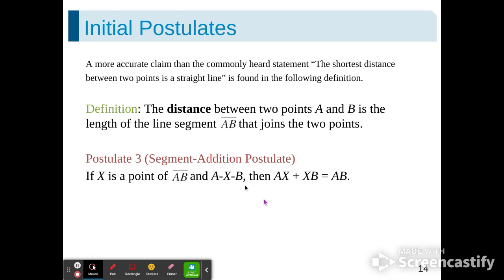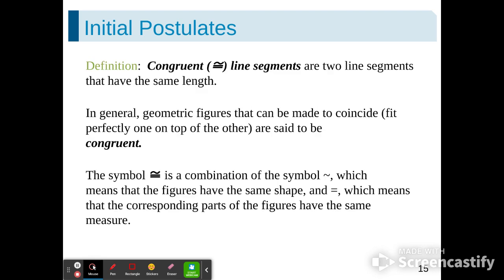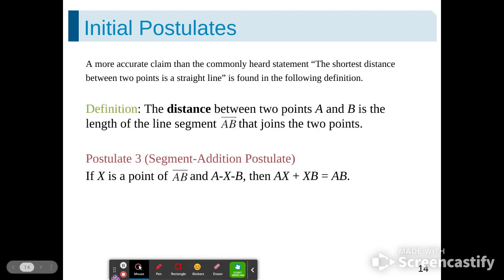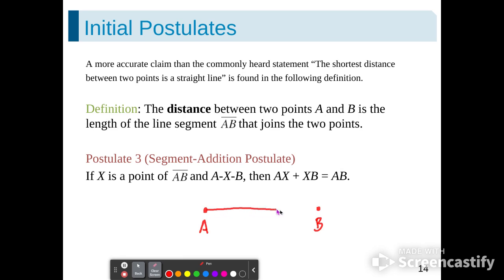So that's just this idea of segment addition, that we can break this up. Let's see if I have a picture on the next slide. Nope. So that's basically saying, if I had a line segment, let's call this A, and we'll call this B, and we draw the line across there. And then we come along and put an X right there.